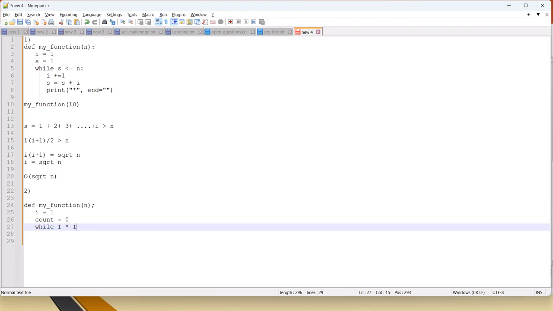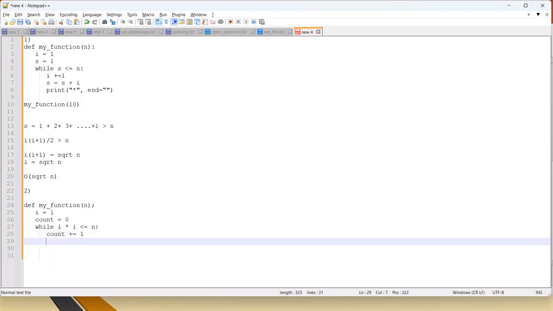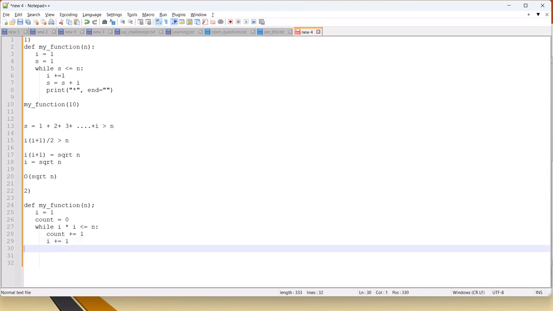Here, instead of I, we will get I square. I square is less than or equal to n. Then here we will increment the count, then we will increment I as well because it's a while loop.